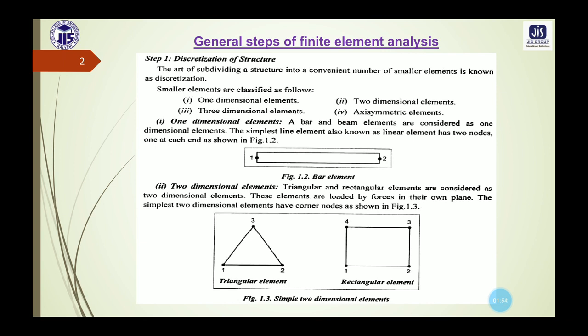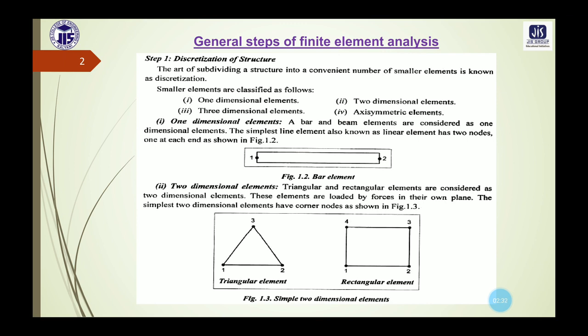In that case, we need to subdivide or break down the entire shape of the computational domain into a convenient number of smaller elements or smaller shapes, so that the numerical simulation will be easier. That process or procedure is known as the discretization of the structure.